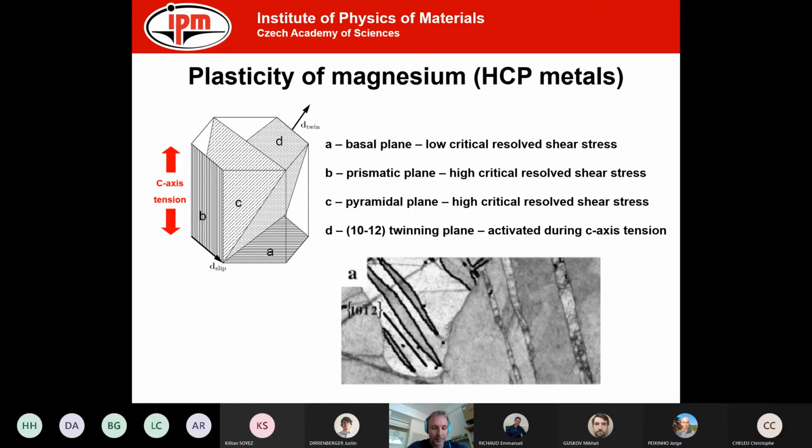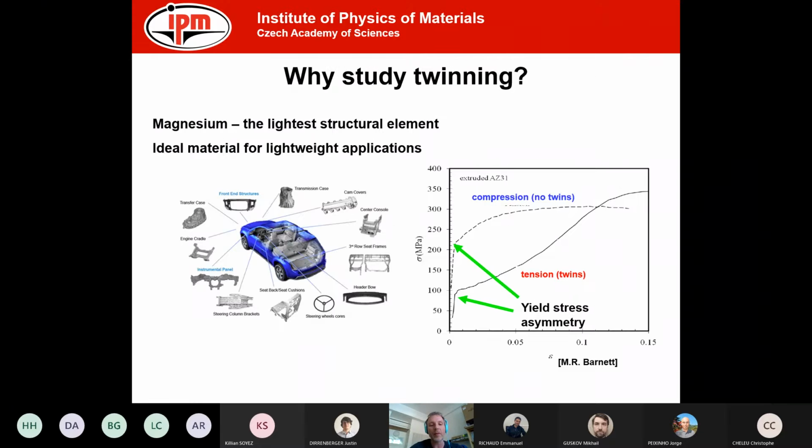So this is basic about the most important slip and twinning plane in magnesium. Why is it important to study twinning? Well, in the case of magnesium, it is the light structural element, so it could be very useful for lightweight applications.